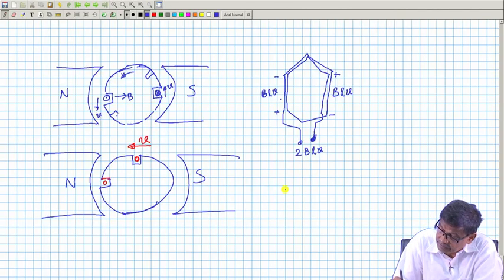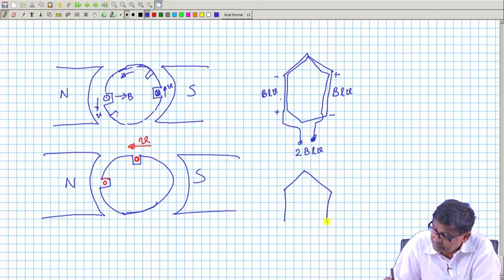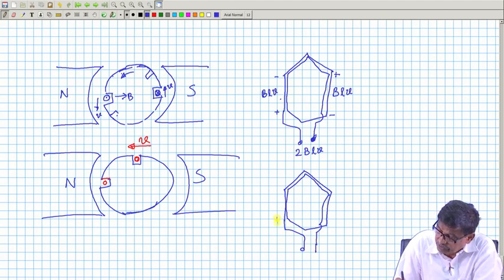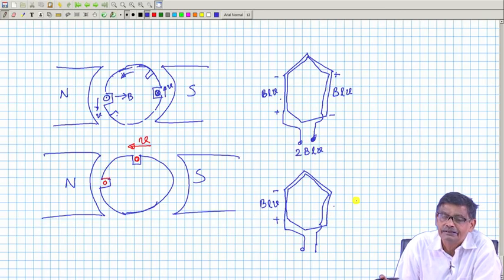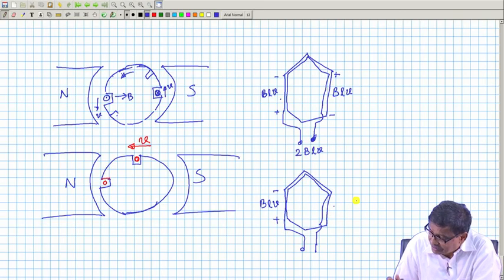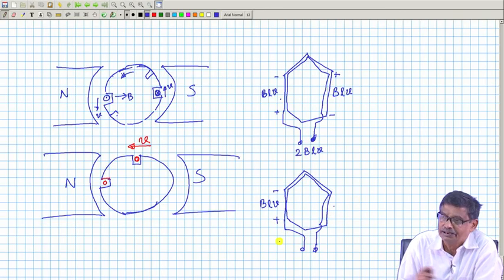Nature of the voltage will be like this. This will have an induced voltage like this, BLV, and this coil side will have 0 voltage.